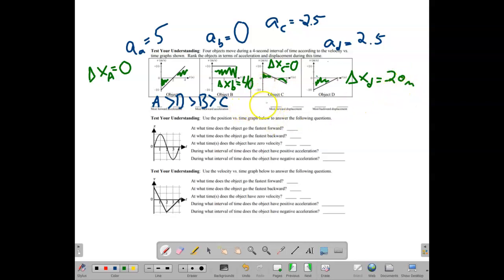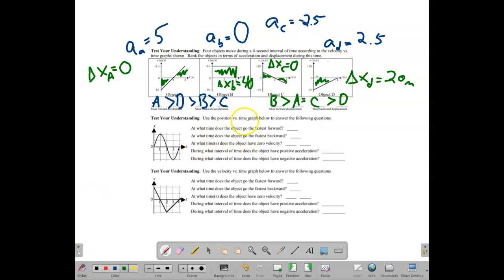Now we're just going to rank them. We can see that 40 is the biggest, so B is our greatest, which is greater than 0, 0, A, which is equal to C, which is greater than D, because D is negative 20.